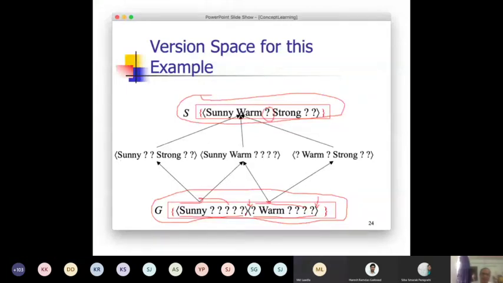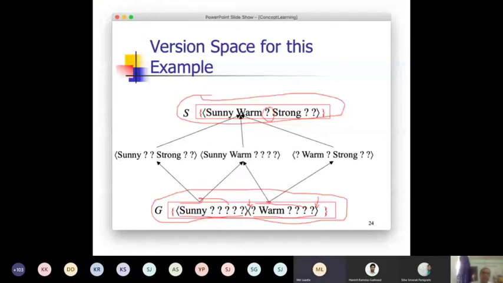And that is how these boundaries are. So this is a boundary. If you get a more general hypothesis from this set, that would wrongly satisfy at least one negative example, right?